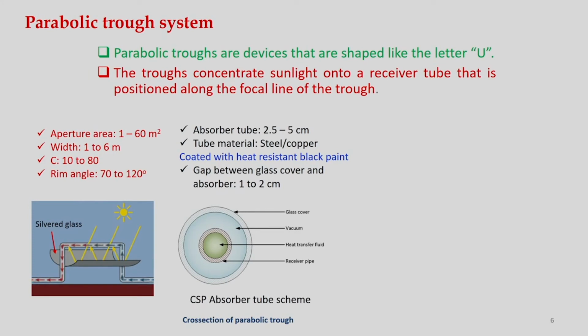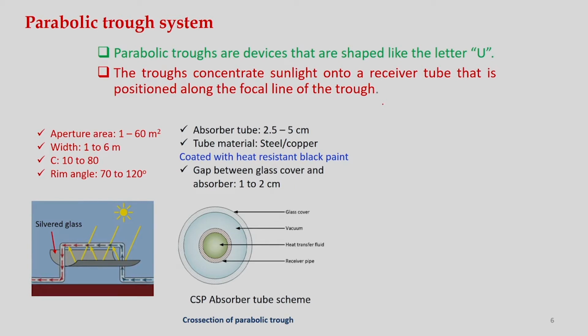These parabolic troughs are devices that are shaped like the letter U. Okay. The troughs concentrate sunlight onto a receiver tube that is positioned along the focal line of the trough.